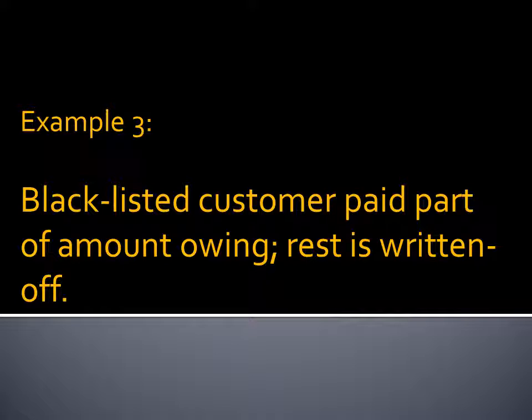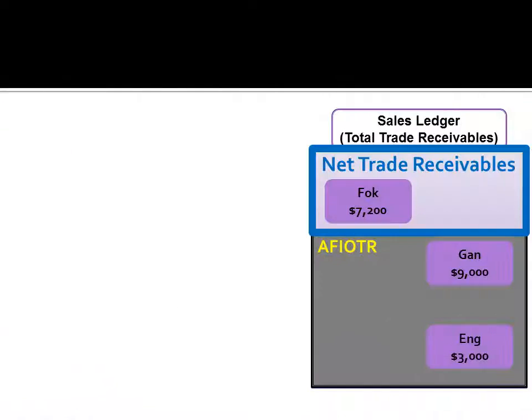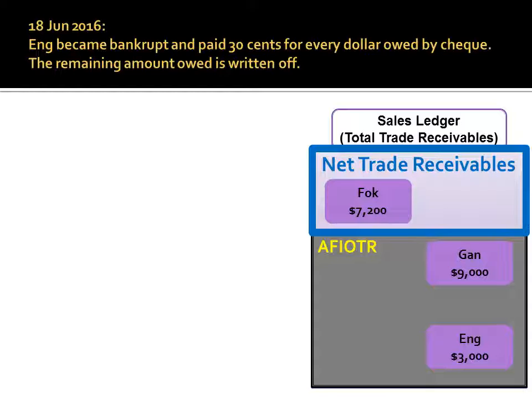Let's look at another scenario where a blacklisted customer is able to pay part of the amount owed and the rest of the amount is written off because it's confirmed that he is unable to pay. So again, if you look at the total trade receivables account, we would notice that there are 3 customers who owed the business money, 2 of which have been blacklisted, Gan and Ing.